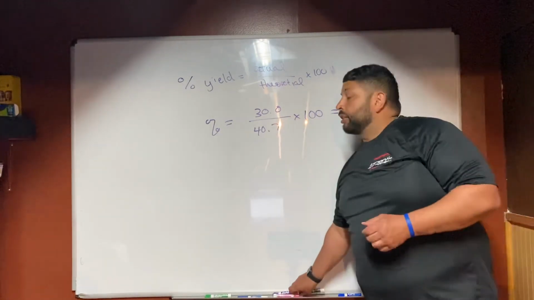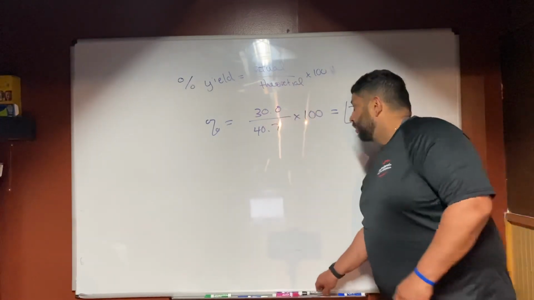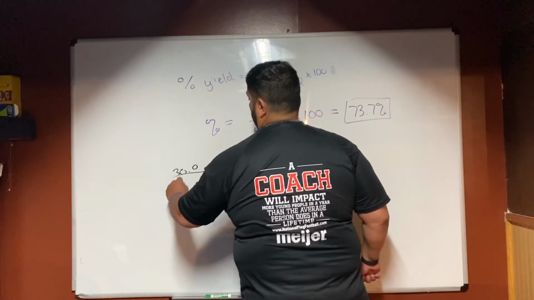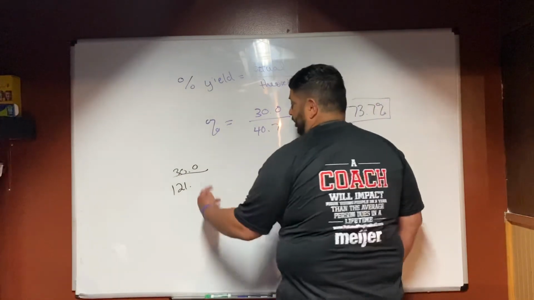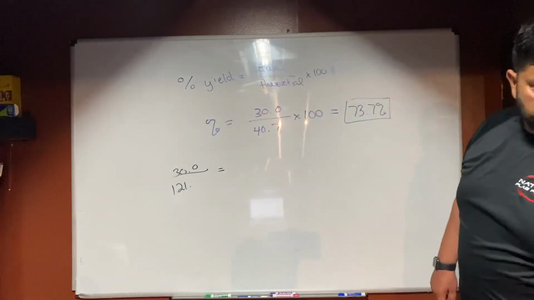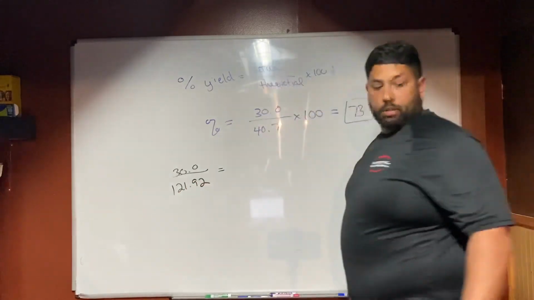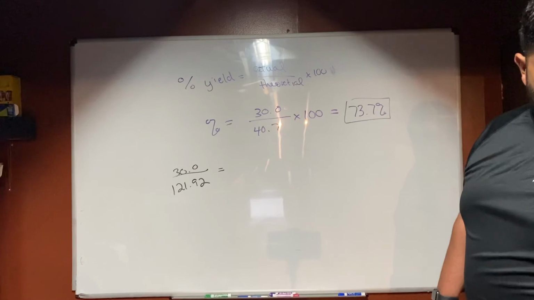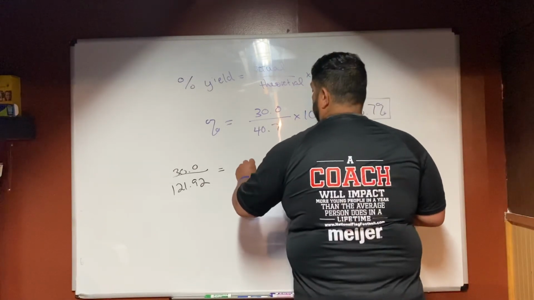You could have done it in moles. You could have done 0.334 divided by whatever this is in moles. So I took 30.0 divided by, was it 121 point something? I forgot. 121.92, thank you. So 30 divided by 121.92 gives 0.246.